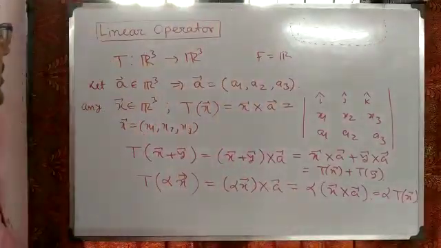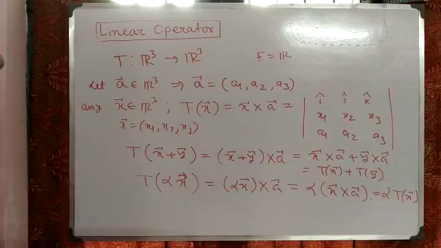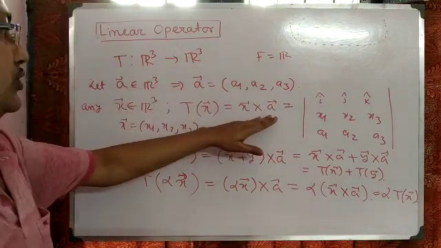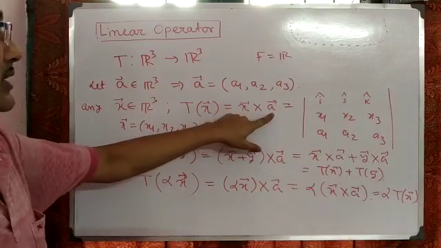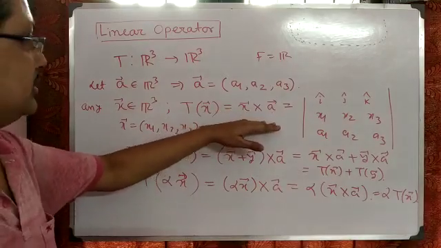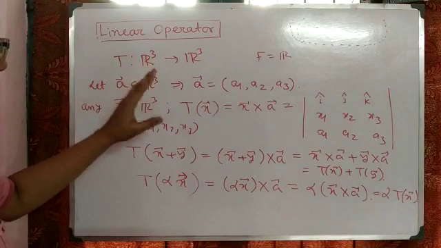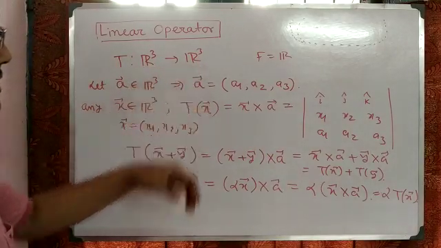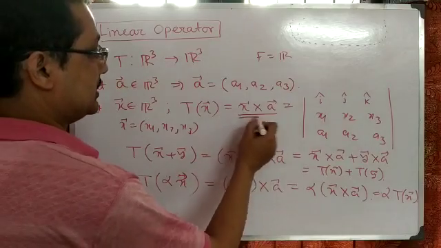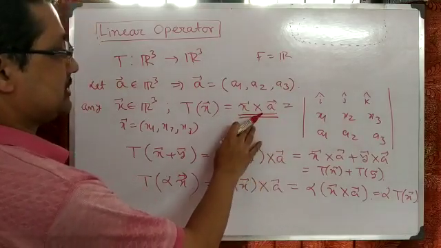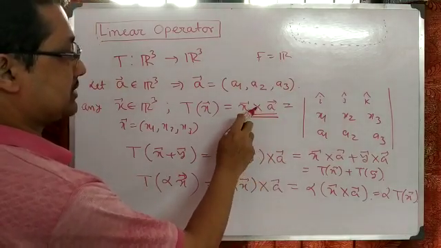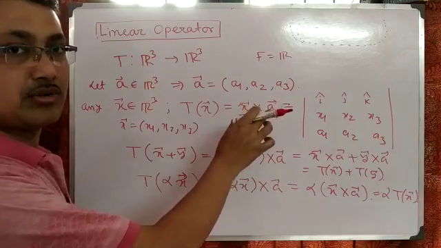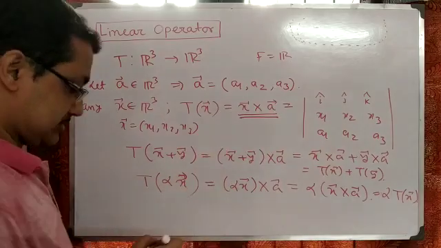So T is a linear operator from R3 to R3. Next, if you replace the cross product by the dot product, it is also a linear operator, but the difference is the domain is the same, while the codomain is the real numbers. The cross product is also in R3, but if you replace cross by dot, it is an element of the real numbers. So that is the difference.